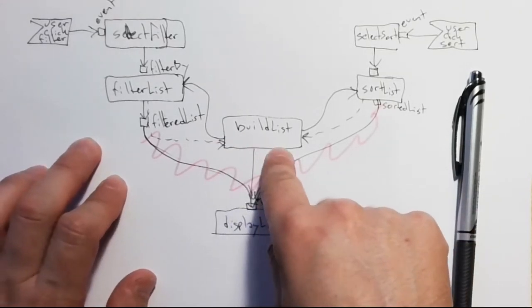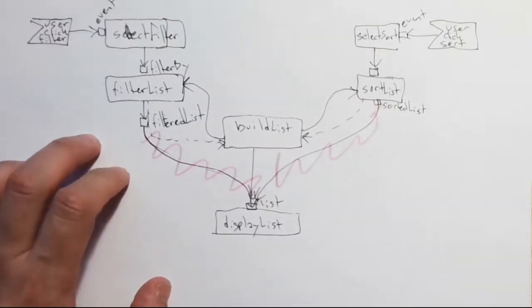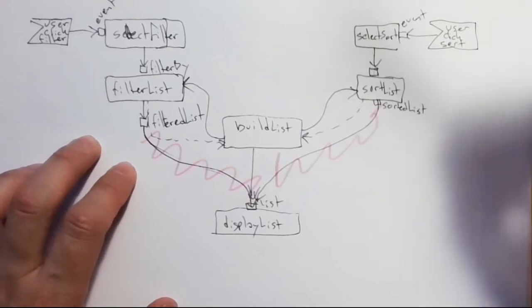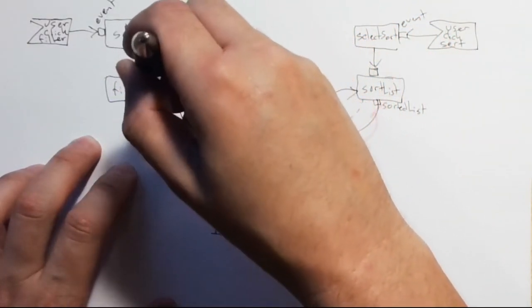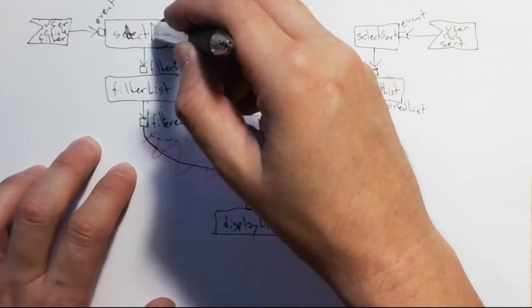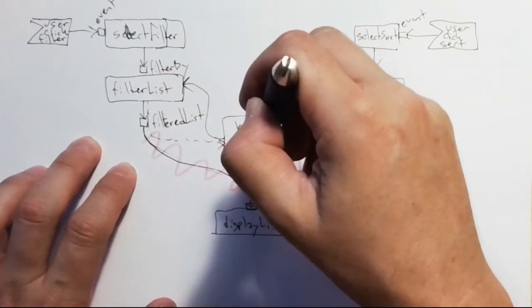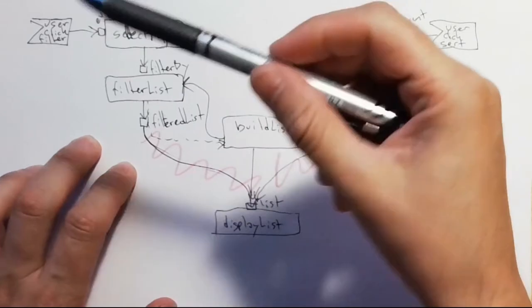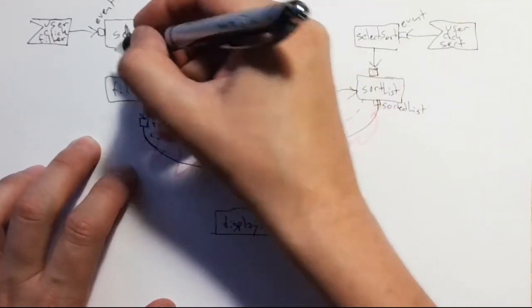Let's try and build this and see how far we can get. I have a feeling there's still some issues, but the whole thing is, remember, when I select the filter, it calls filter list, and filter list doesn't call anything but return. I need an additional function here.